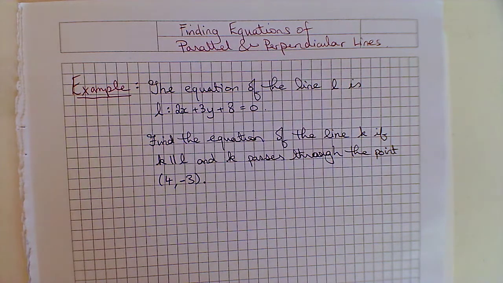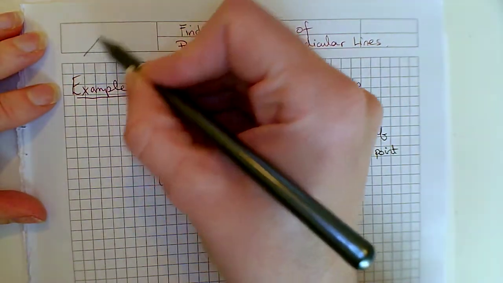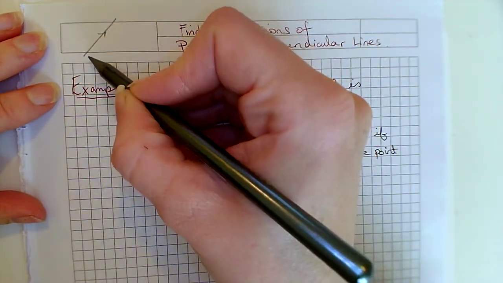And in these types of questions, they always give you the equation of one line, and then they ask you to find the equation of a second line that's either parallel or perpendicular to the first one, and that goes through a certain point. Why do they have to tell us a point? Well, if I have a line, how many lines are parallel to that?